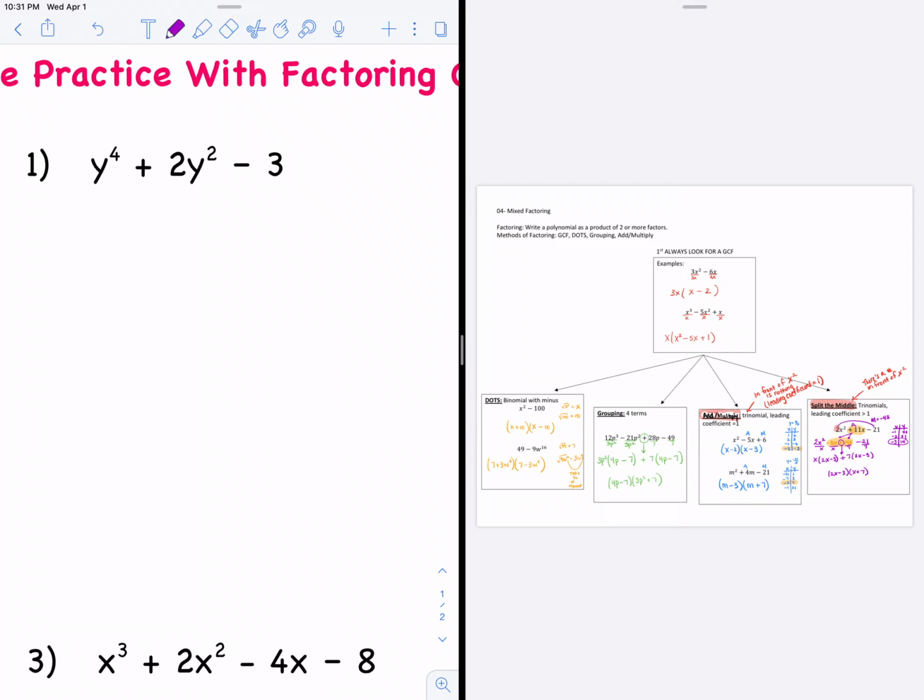The only difference here is that there's that y to the fourth. So this was those examples that instead of putting y times y, we had to do y squared times y squared. Whenever the first power is a 2, I would just put y times y. Y to the fourth, I put y squared times y squared. The numbers have to add to the 2, multiply to negative 3.